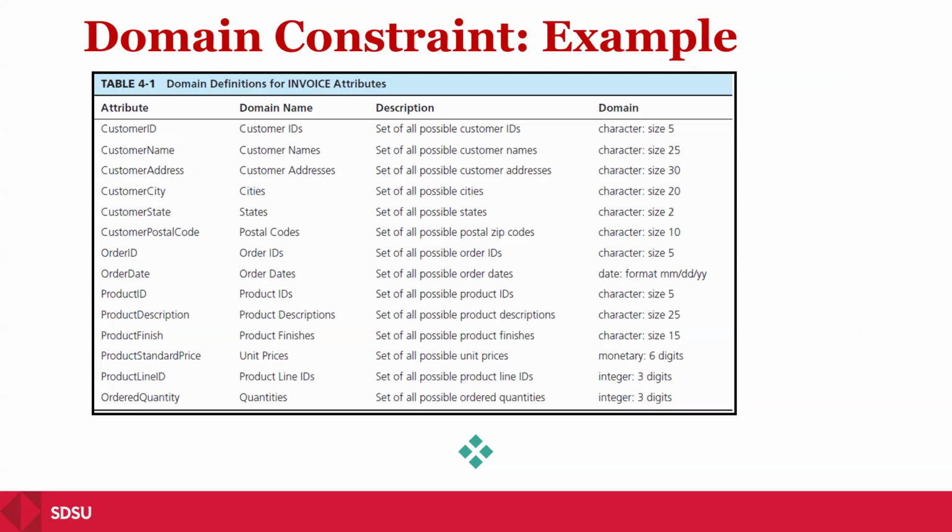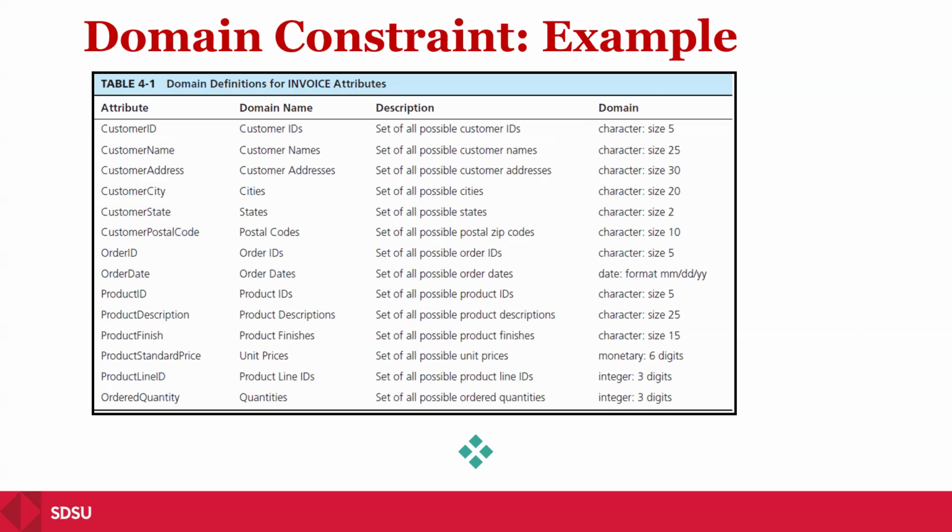Here's an example of the domain constraint for a certain group of tables. We have invoice attributes, we have customer ID. That's actually the domain constraint for the invoice table. We have a customer ID, customer name, and so forth. And in the domain constraint, we specify the type and the size of a certain field.